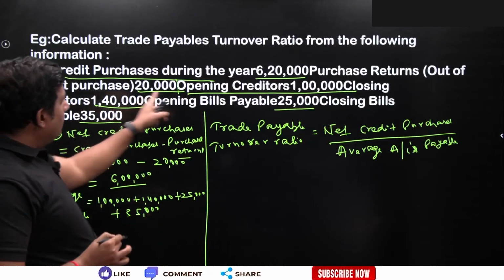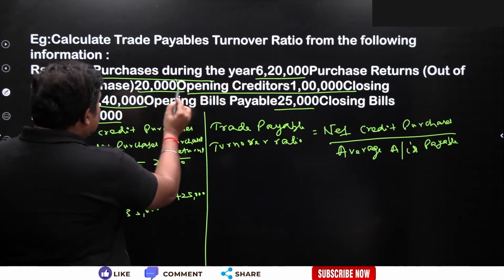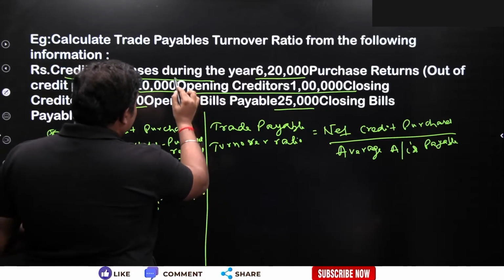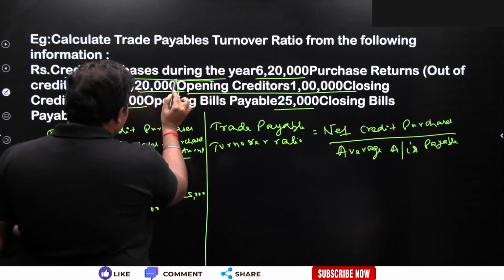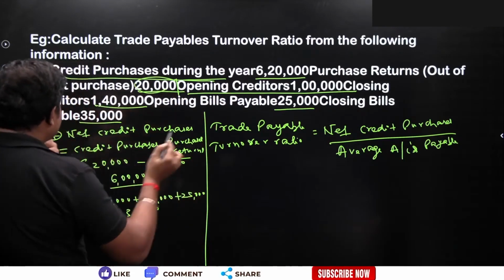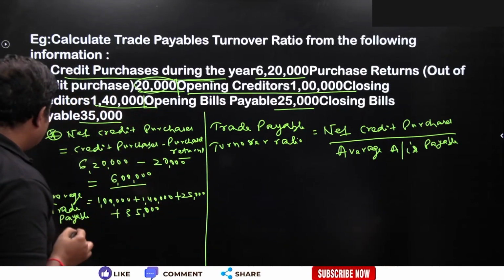There is a little silly error here, 20,000, and this O is for opening creditors. From here you can only consider this 20,000, and this O is for opening creditors. Similarly here also, this O is for the opening bills payable, right?